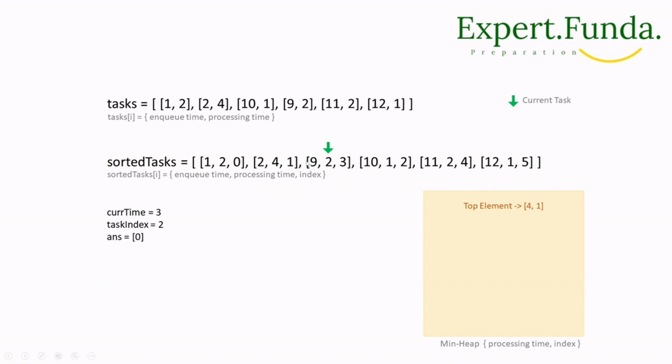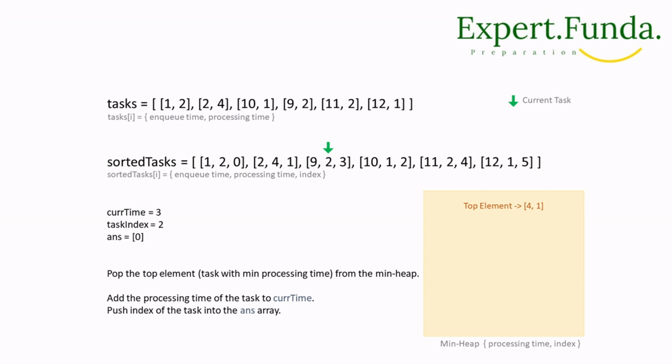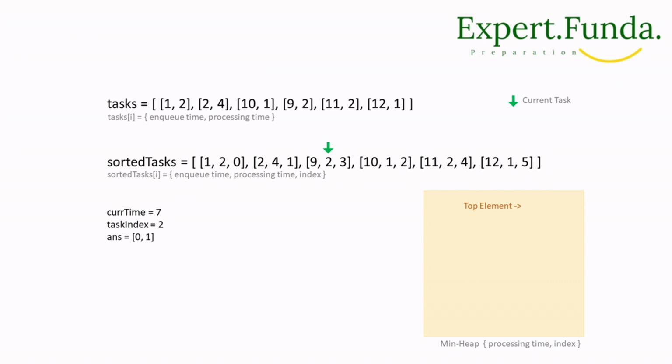Now we pop the top element, because this is the task with minimum processing time from the min heap. Then we add the processing time to the current time, and push the index of the task into the answer. Now this is updated: current time is 7, task index 2, answer is 0 1.